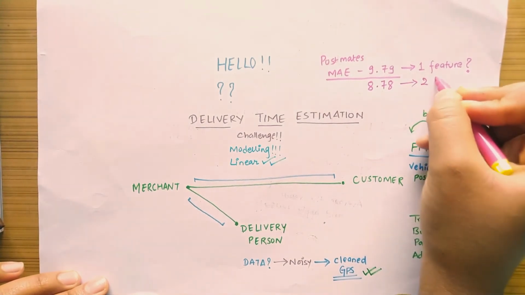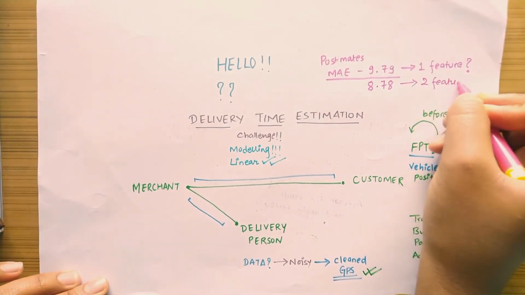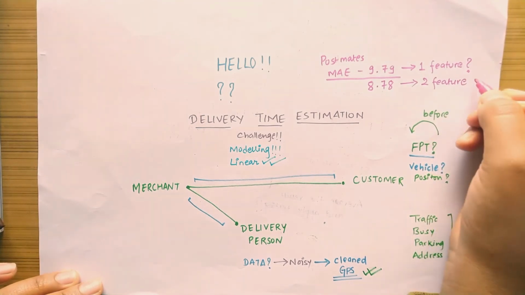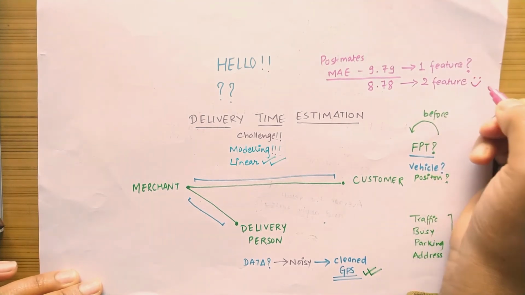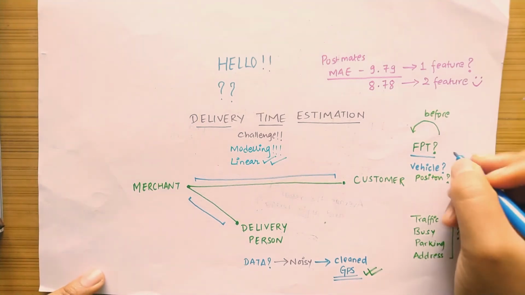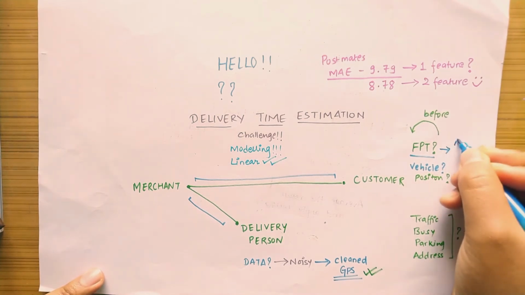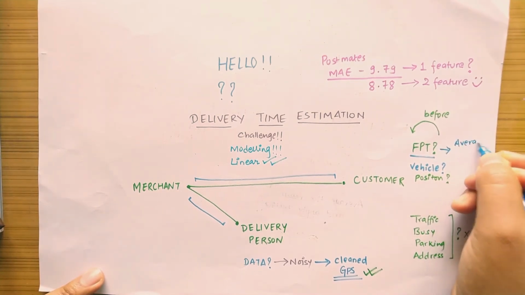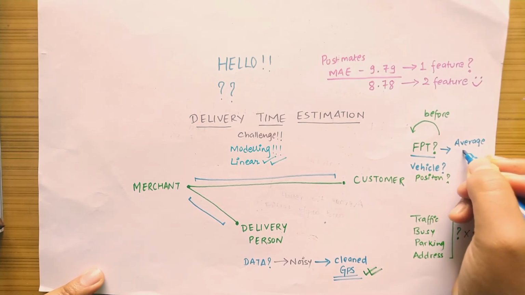The writer of the article has mentioned that understanding the data played a big role over here. After this, they thought how can this model perform better, and then came in the role of food preparation time. They started collecting the average time needed to prepare an order at different hours of the day for each merchant.